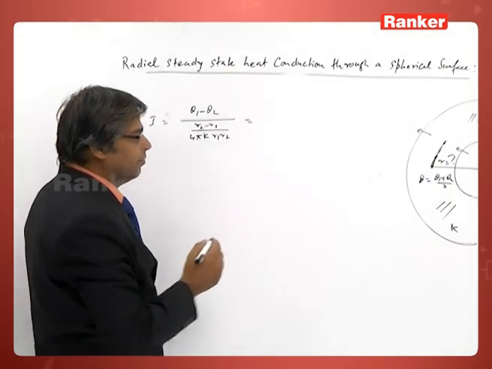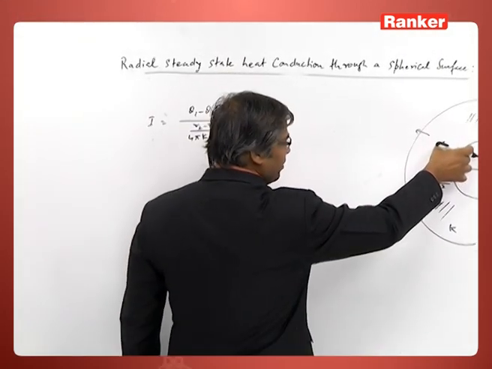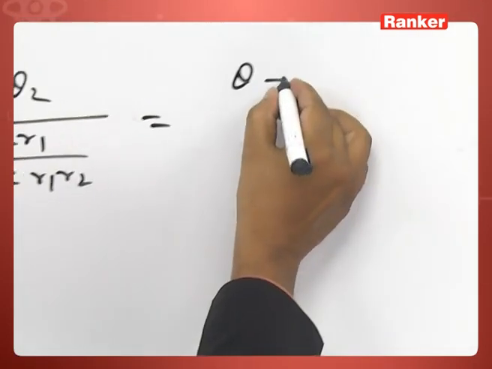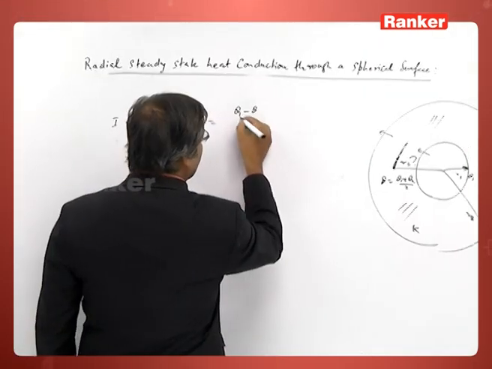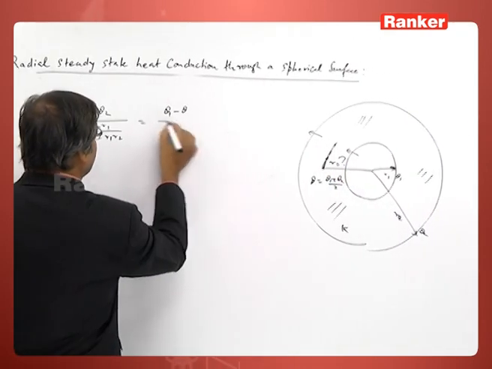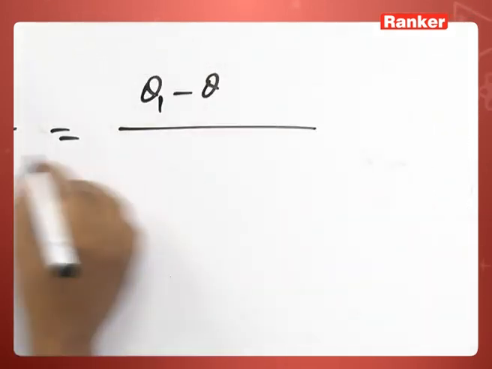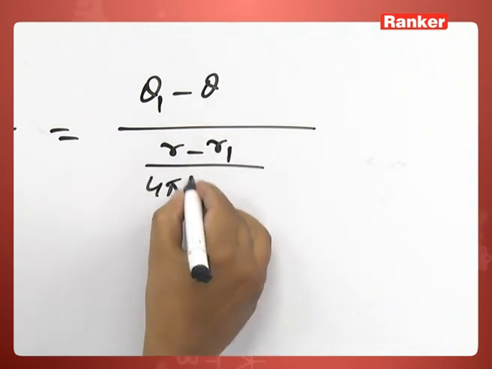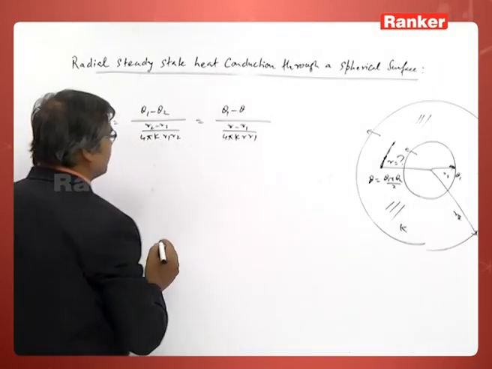Now, again we use the thermal resistance of this portion. So, the heat current through this one will be (theta 1 minus theta) by (R minus R1) by 4 pi k R R1.